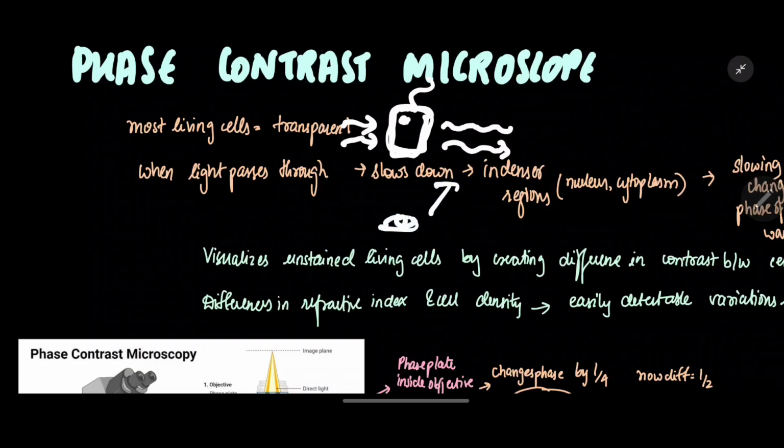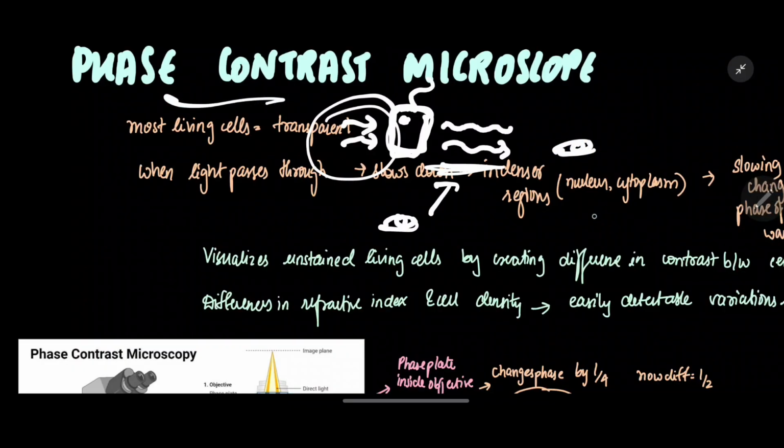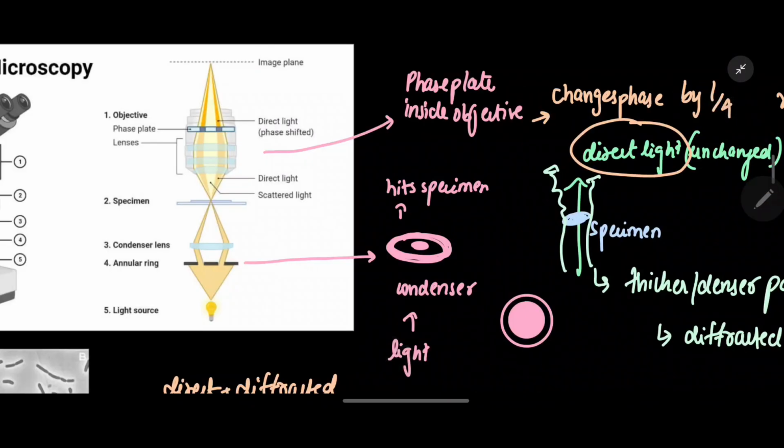So what a phase contrast microscope does is convert these invisible phase differences into visible brightness differences, because our human eye cannot see phase differences. What we can see is the difference in brightness. Let's see how that is done.